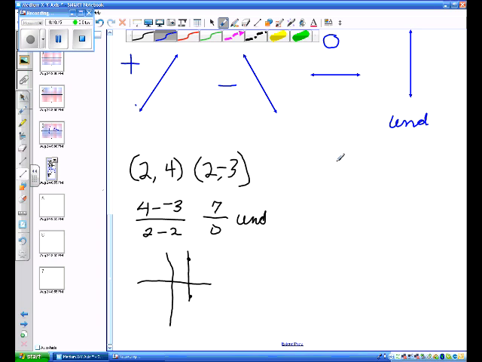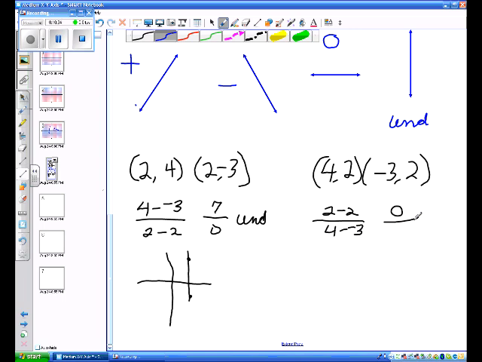If we had the points 4, 2, and -3, 2. Well, as we do our formula, it's the change in the y's over the change in the x's. So that gives us 0 over 7, which is 0. You can divide 0, you just can't divide by 0.